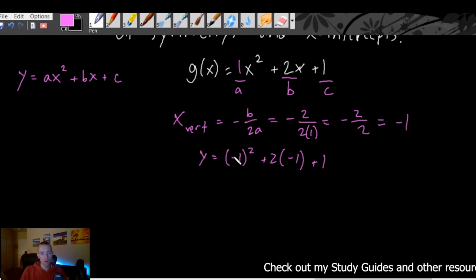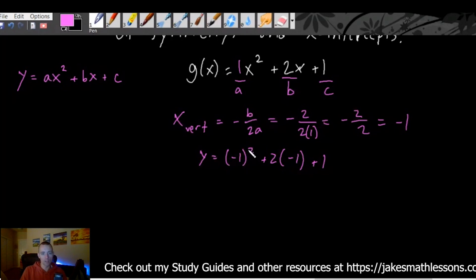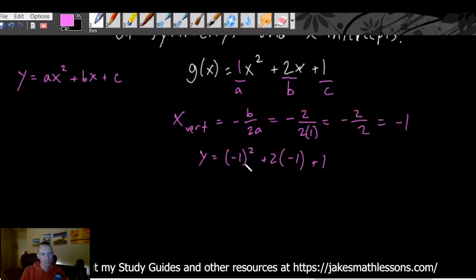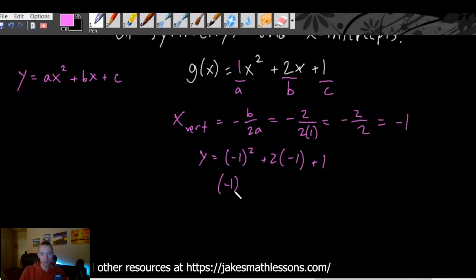If you have negative 1 all in parentheses squared, like we have here, negative 1 times negative 1 is positive 1. Anything squared is just that number times itself. So this is negative 1 times negative 1, which is positive 1.